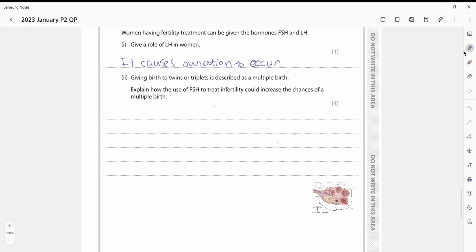Okay, let's write this down. So FSH causes the maturation of follicles in the ovary.